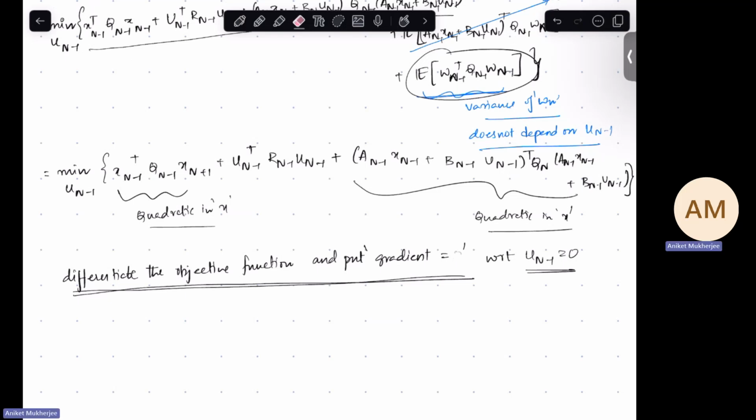Gradient with respect to un minus 1 equal to 0. Find this and put that equal to 0.